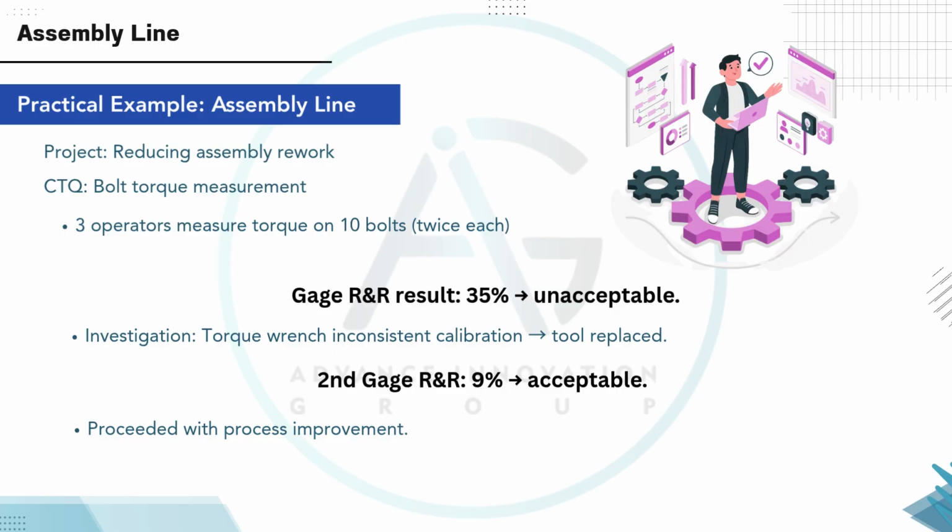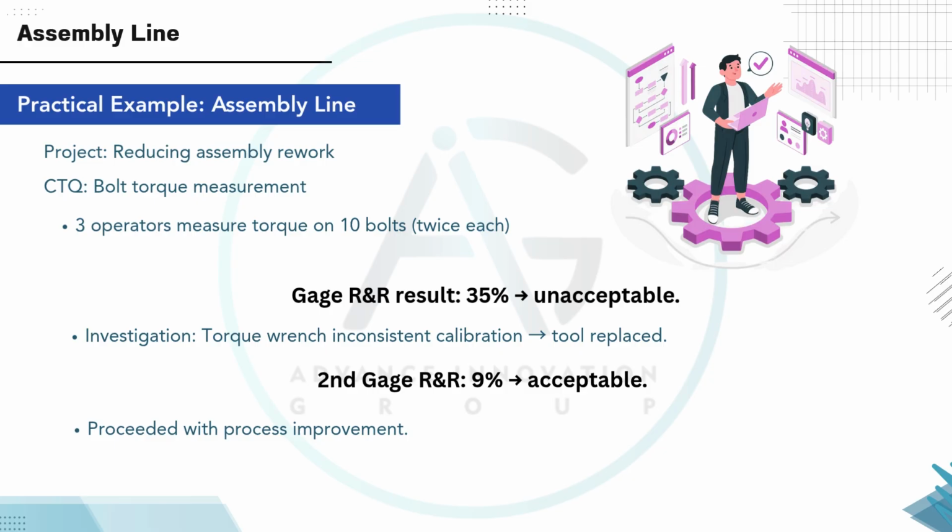We had 3 operators measuring the torque on 10 bolts, and each bolt was measured twice by each operator. This setup allowed us to assess both repeatability and reproducibility. The first Gage R&R result was 35%, which is clearly unacceptable. This high variation meant we couldn't trust the measurement system to make data-driven decisions.